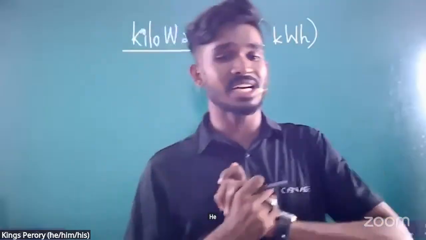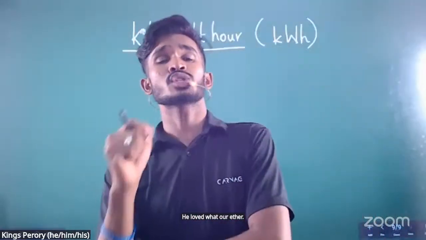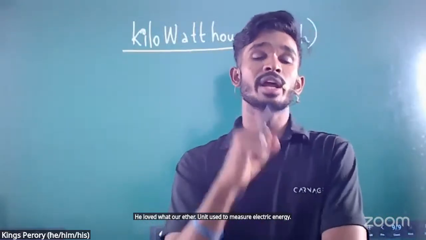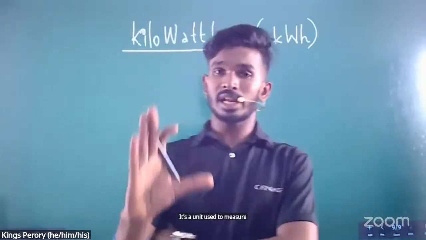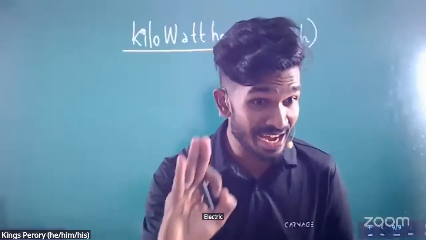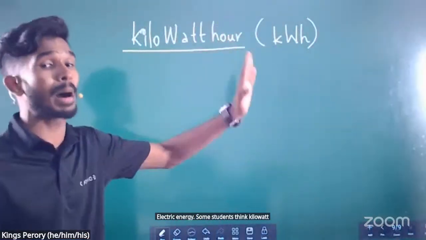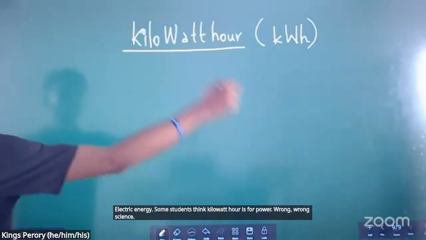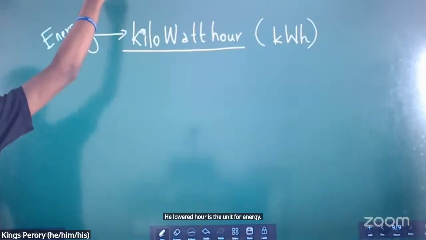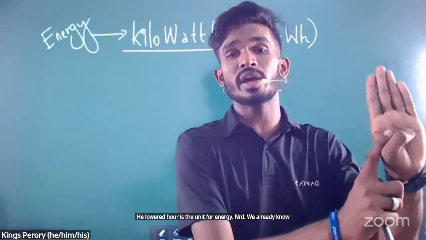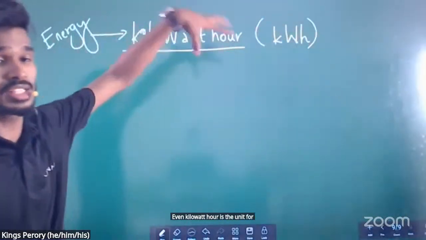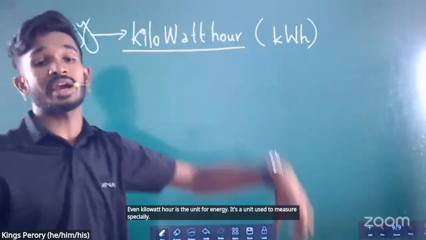Kilowatt hour is a unit used to measure electric energy. Not only electric energy, any energy you can measure with it, but mainly it's used for electric energy. Some students think kilowatt hour is for power. Wrong science. Kilowatt hour is the unit for energy. We already know joules is a unit for energy. Other than joules, even kilowatt hour is a unit for energy, used specially for electric energy.